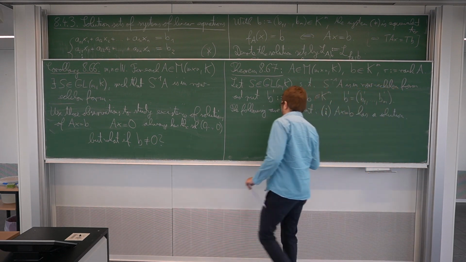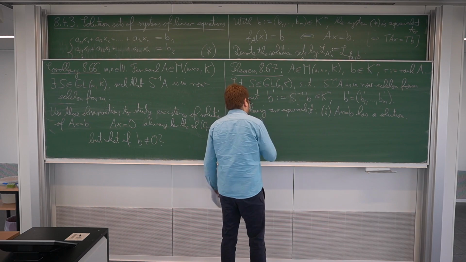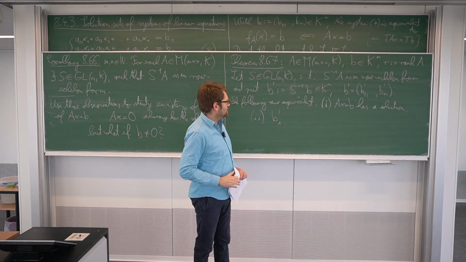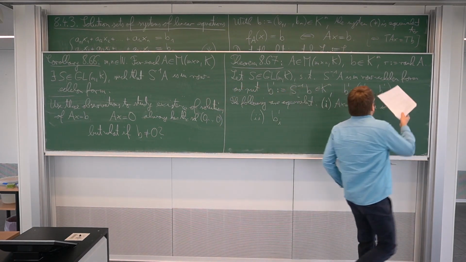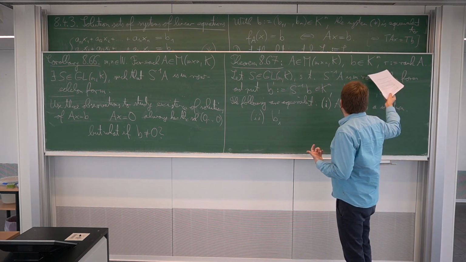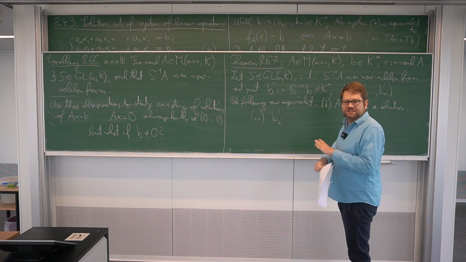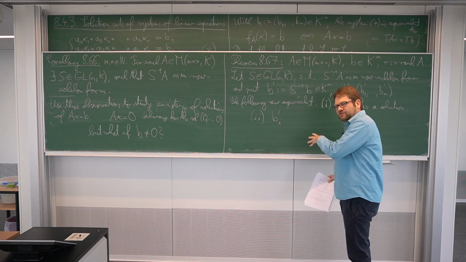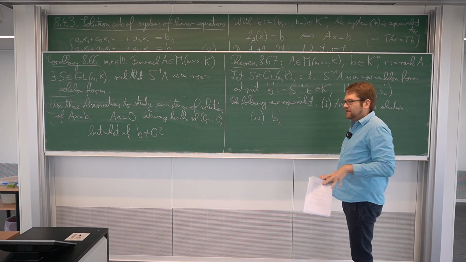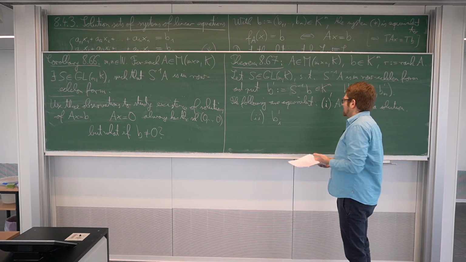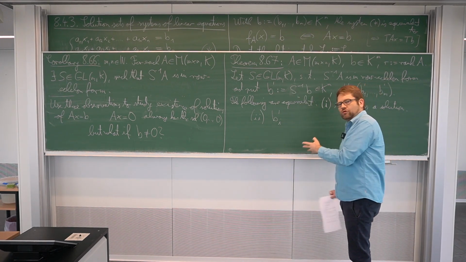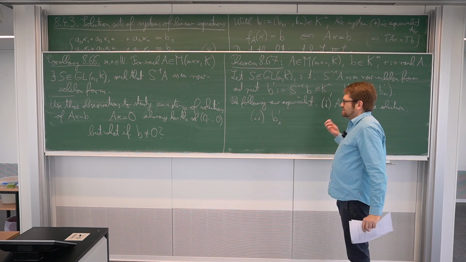And secondly, and this is now the criterion we need, the entries bi prime: since the rank is some number r, we know by the properties of the row echelon form that in the rows below the rth row, everything is 0. So on the right-hand side of the equation, given by this vector b prime, everything else should be 0 as well. If there's a non-zero number, one of the equations in the system would be 0 equal to something non-zero. This obviously doesn't make sense. So this should be necessary.